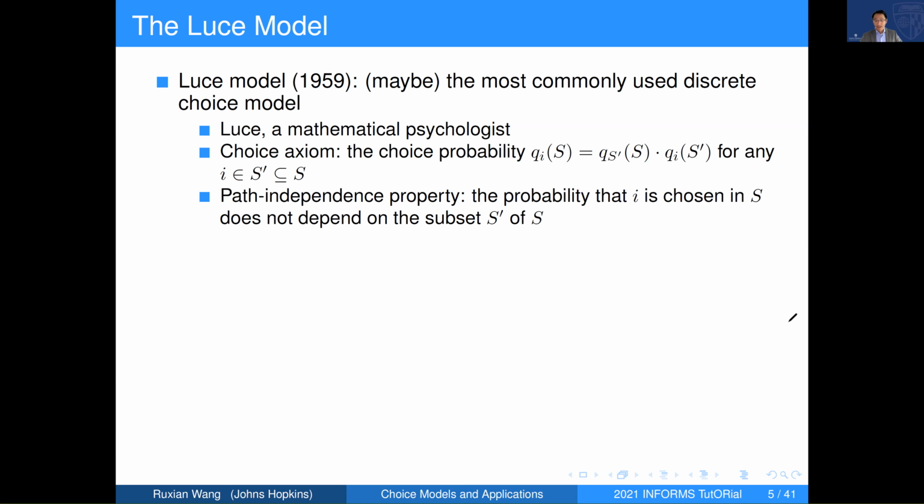Basically, it says the choice probability for any item i in the set S is equal to the choice probability for any subset S prime in S, times the choice probability for any product i in the subset S prime. This is true for any subset S prime. We call it the path independence property.